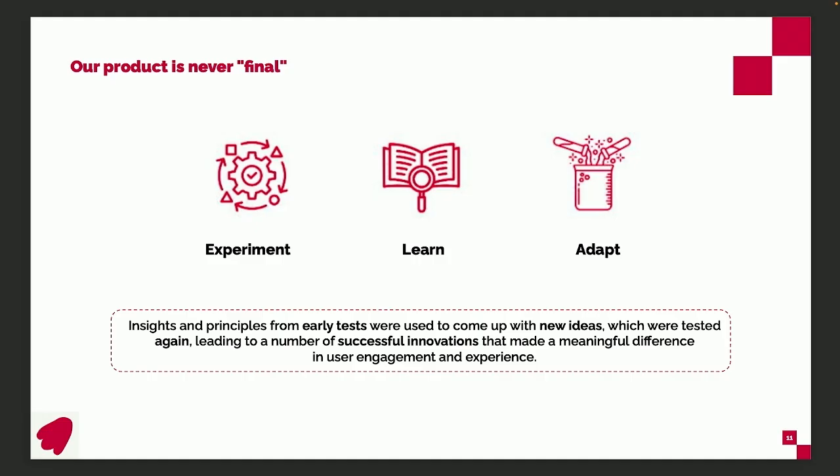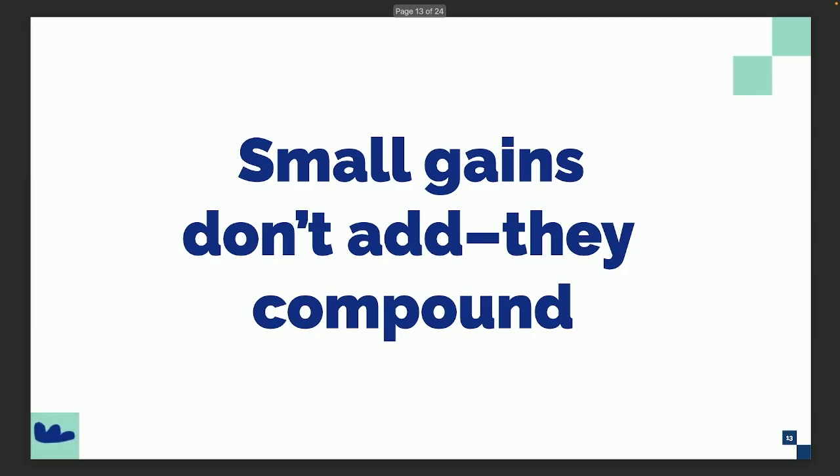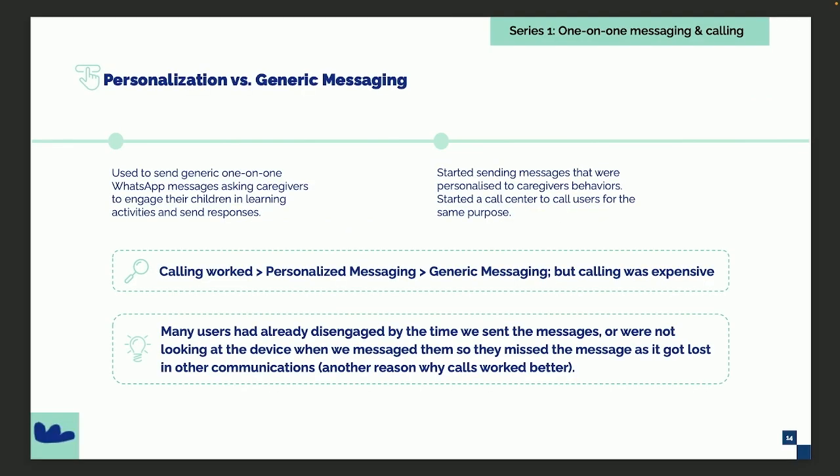Now we can move on to the next slides, and I can talk about how we do this. One big learning, a headline learning, is that small gains don't add, they compound. Each A/B test allows us to get some insights, then that becomes a core principle of the model and of further A/B tests.